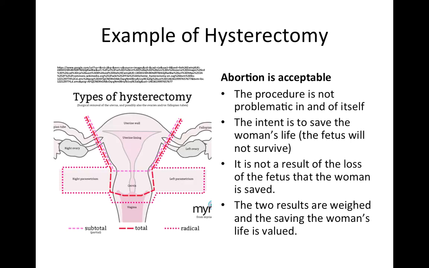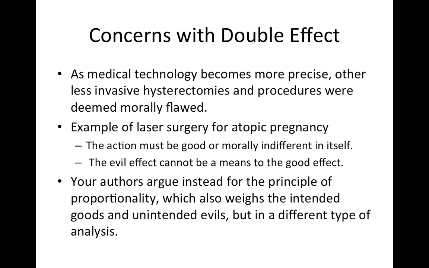In other words, the abortion is not the means towards the hysterectomy's effect. And the two results are weighed, and saving the woman's life is certainly the intent. That's what's being valued. So in this case, yes, this full hysterectomy, which results in the abortion of the fetus, would be morally acceptable with the principle of double effect.